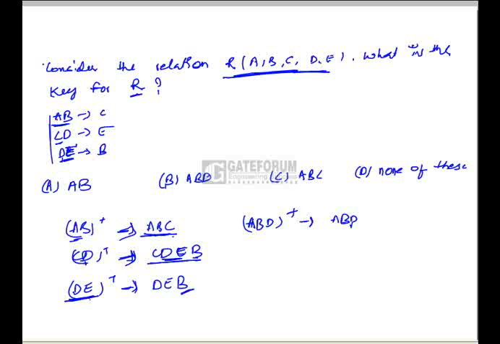From AB we'll be getting C. From CD we'll be getting E. So from ABD we can derive all the attributes of the table, that is A, B, C, D and E. Hence, here ABD will be the key, which is option B.